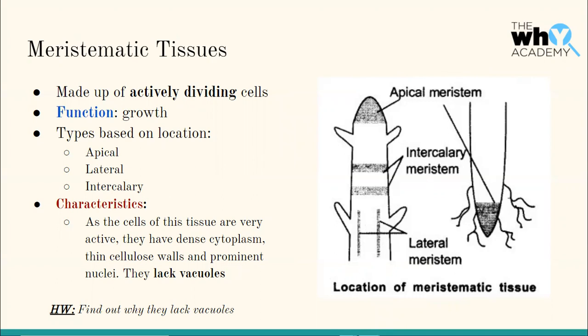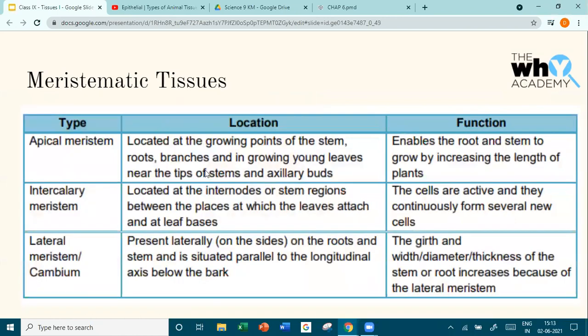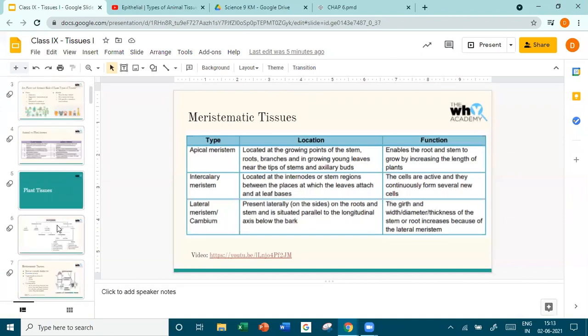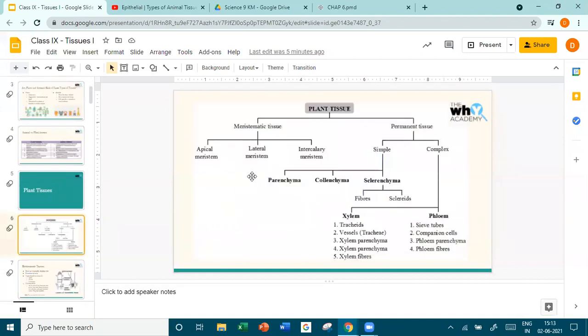Okay then, let's go ahead and discuss what we were left with. I'll just quickly go back to this flowchart. Yesterday's class, this is just a recap so that before we continue, we are all on the same page.